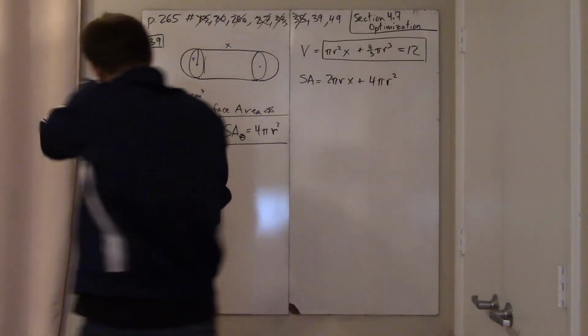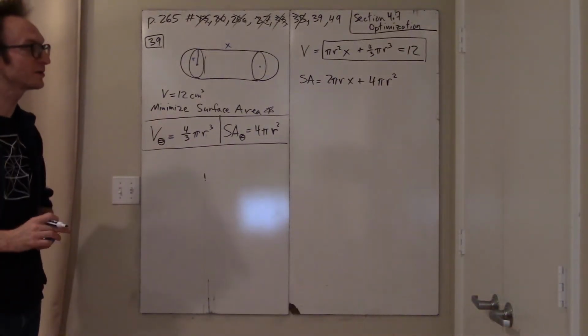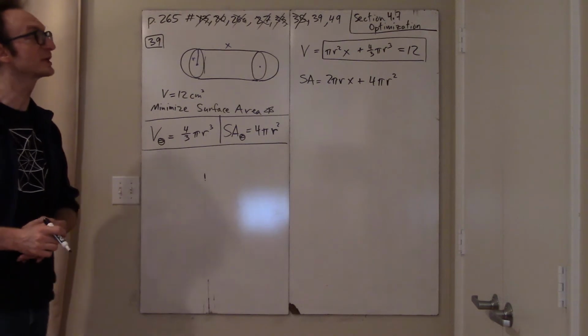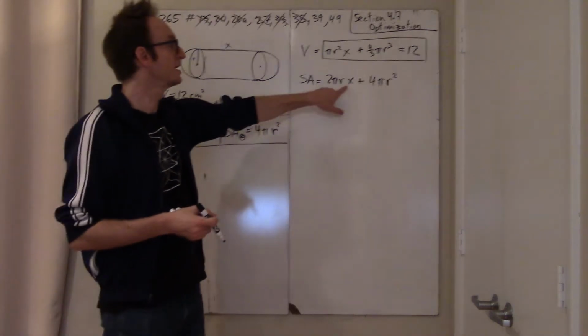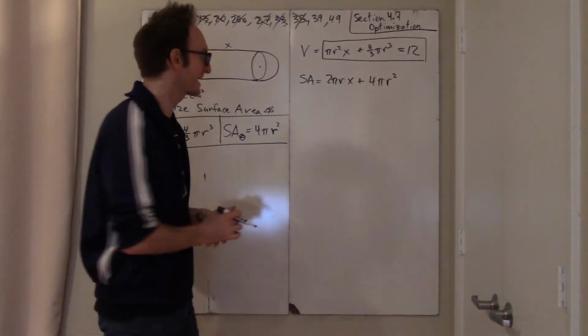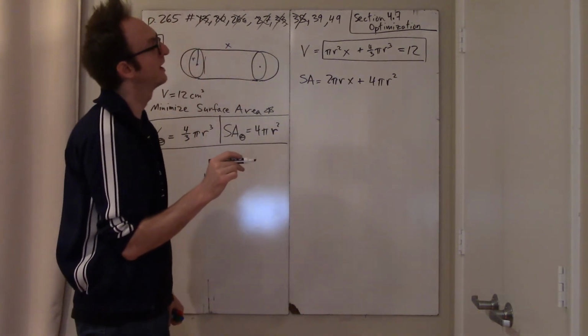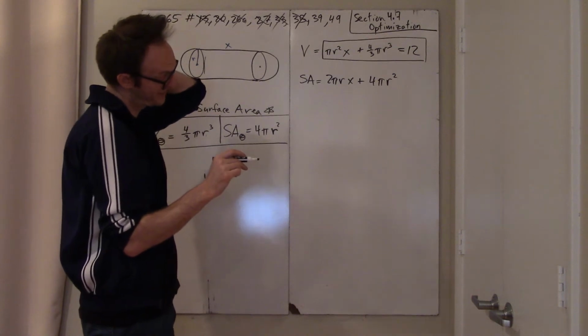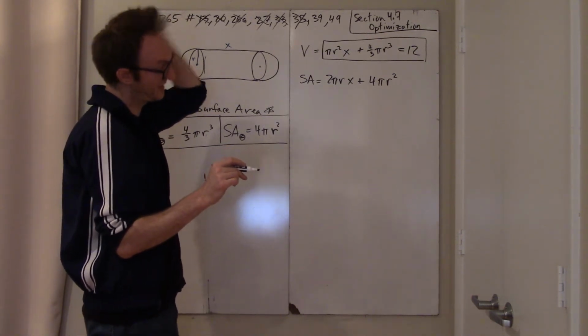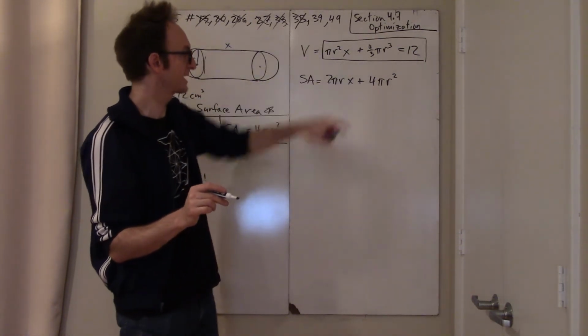So I've written a formula for the surface area, but it is unfortunately expressed in terms of multiple variables, r and x, and that's just not good. So, believe it or not, what I now need to do is solve for one of these variables and stick it in here.